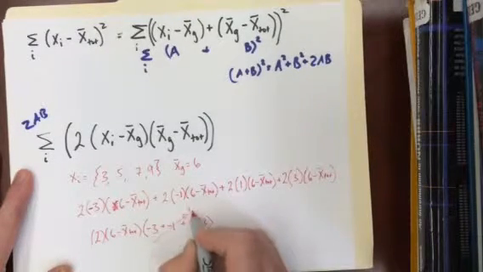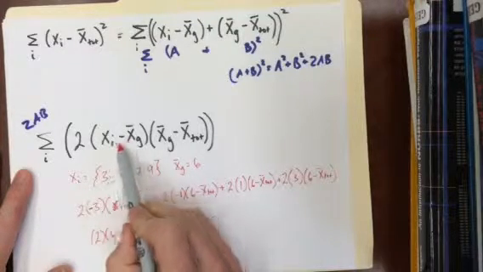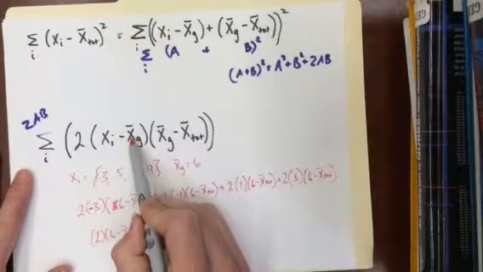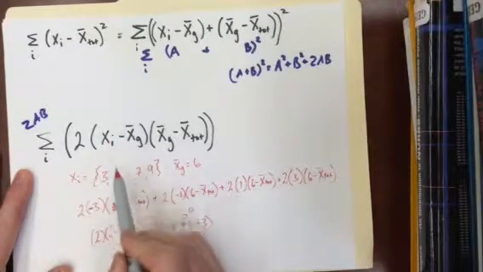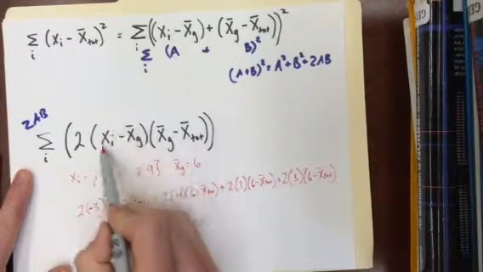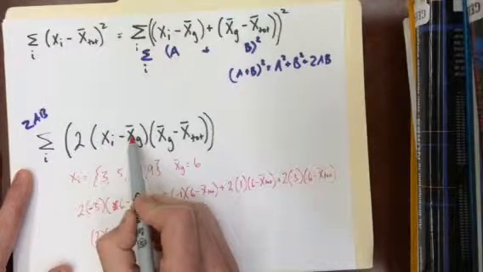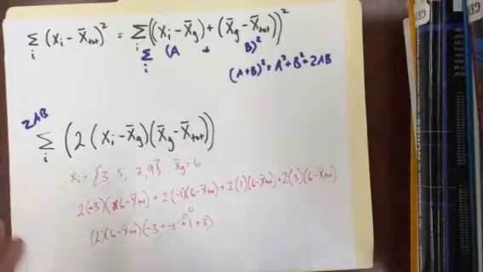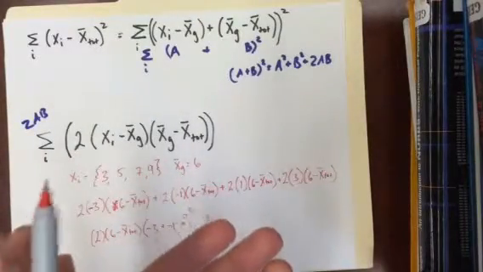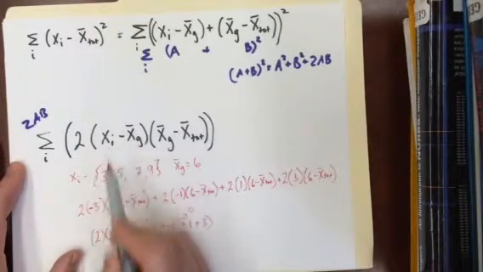So why is it 0? It's because that's the definition of a mean. When you have individual data points and you subtract the mean and you add all those up, you'll get 0, because the mean is sort of the middle. It's the centroid of all this. That just comes from the definition of a mean.